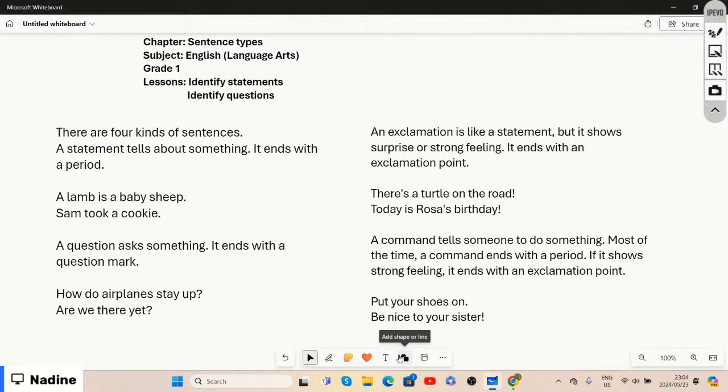And the lessons that we're going to be focusing on under the chapter of sentence types are to identify statements, and to identify questions. So that is going to be our lessons for today under the chapter of sentence types.